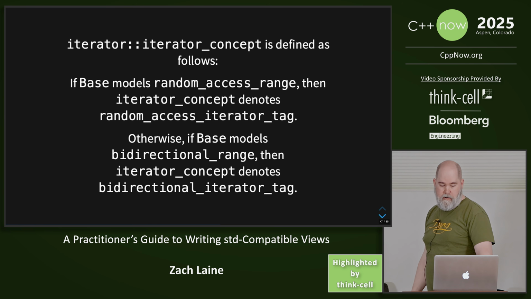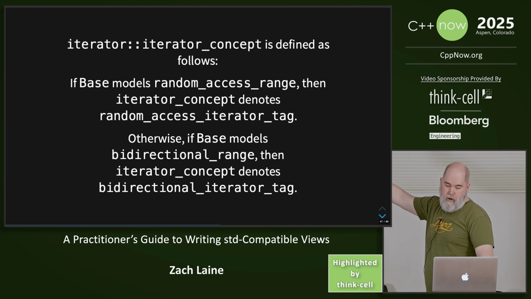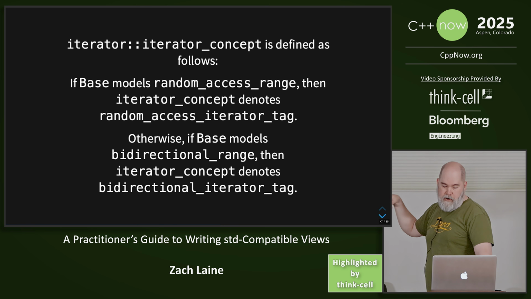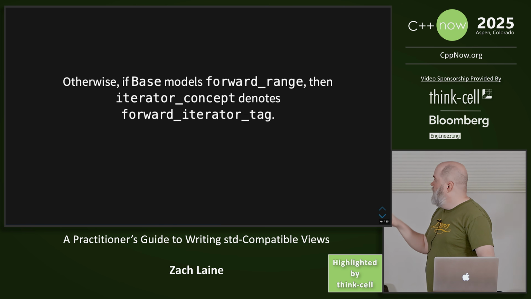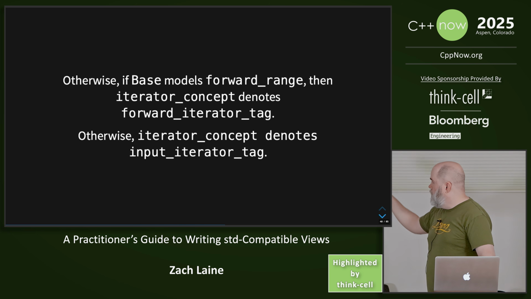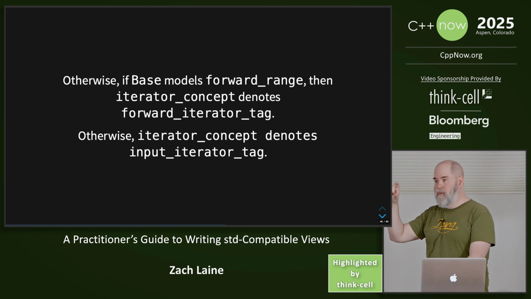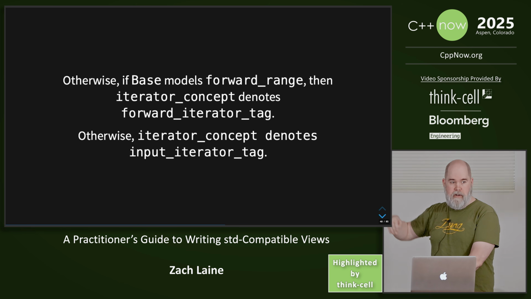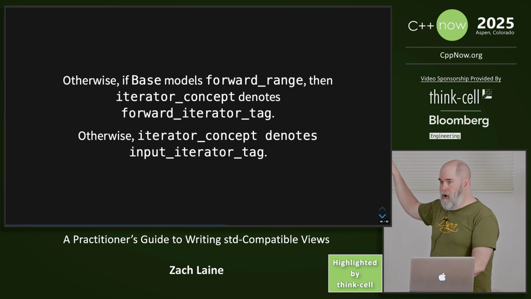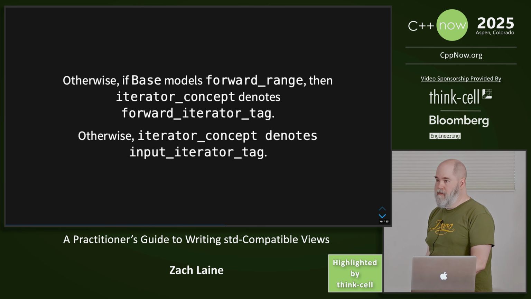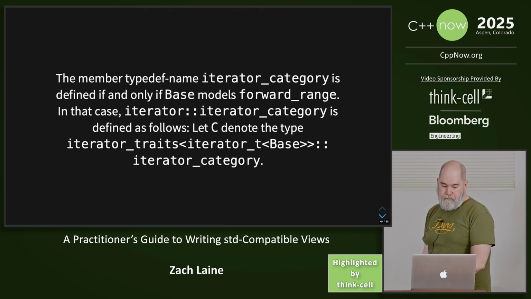So this is directly from the standard. And then there's a bunch of otherwise, blah, blah, blah. Basically, it's saying if it's a bidirectional range, then we use a bidirectional tag. If it's a forward range, we use a forward tag. And for input, we use the input iterator tag, right? So very simple. All we did was collapse the contiguity down into random access, and everything else is just whatever kind of range we started with in V, that's the kind of iterator we've got here, okay?